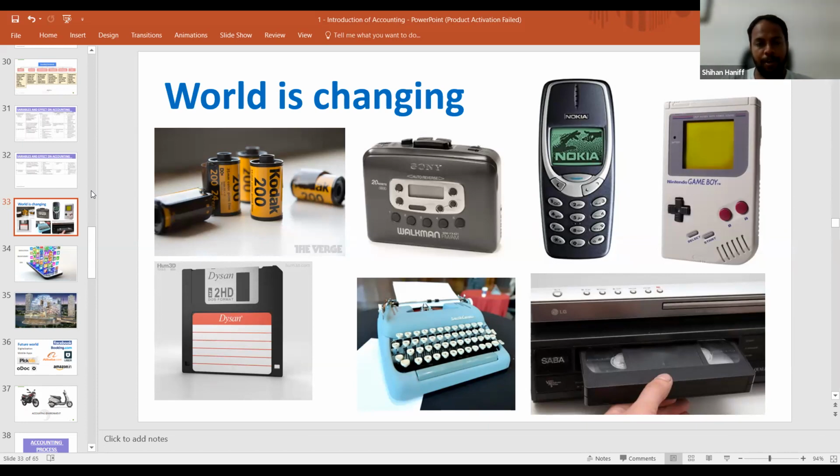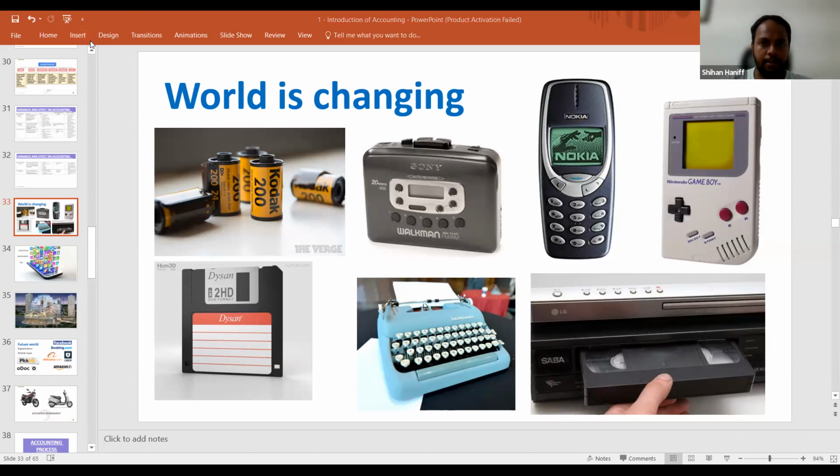Nokia phone was the number one mobile phone in the world. When we were small, Nokia was one of the best phone companies. Now, where is this company? What happened to it? Can you tell me what happened to this number one mobile phone in the world, Nokia?